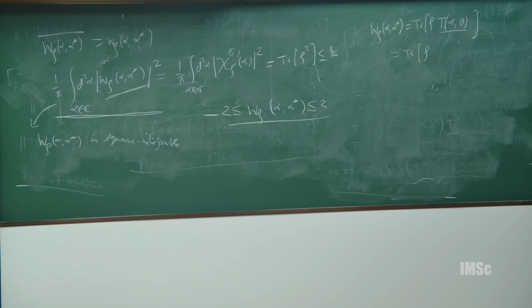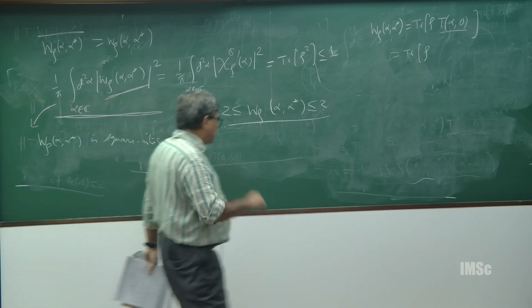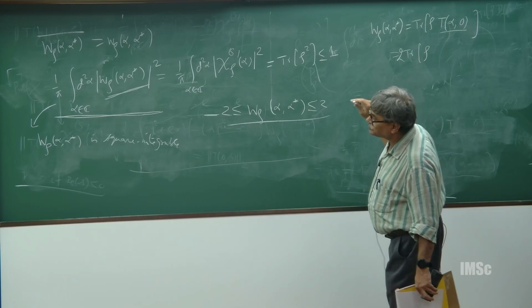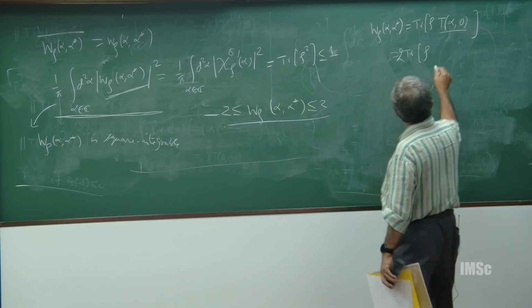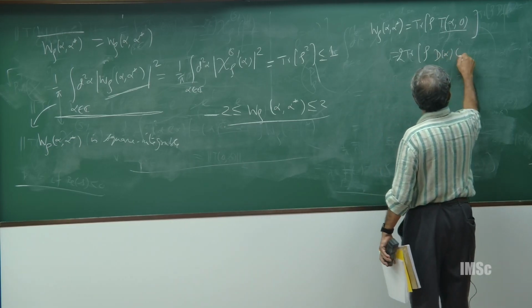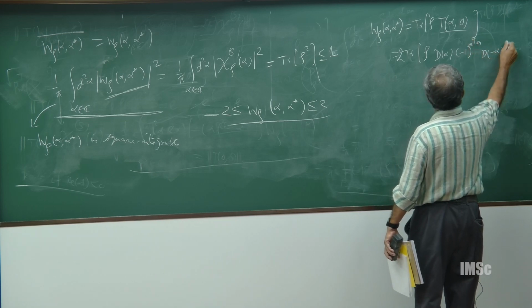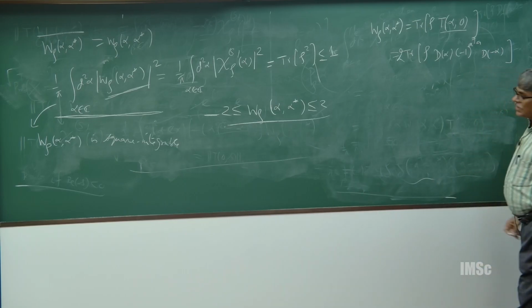So, alpha, 0 is this one, right? So, this is 2 times D of alpha, minus 1 to the power a dagger a, D of minus alpha, right? Is that clear?